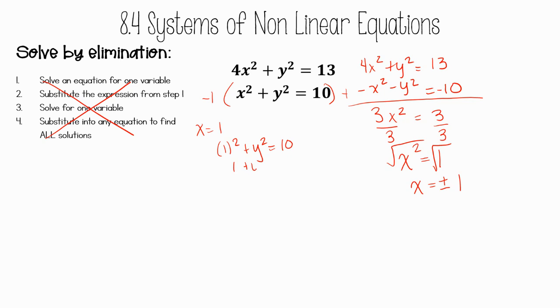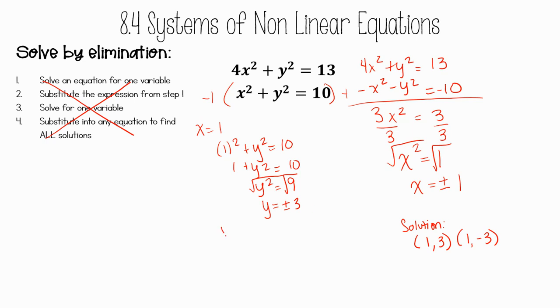So I get 1 plus y squared equals 10. Y squared equals 9. Again, when I take the square root, y equals plus or minus 3. That means so far as a solution, I have the points (1, 3) and (1, -3), because when I plugged in positive 1, I get plus or minus 3.